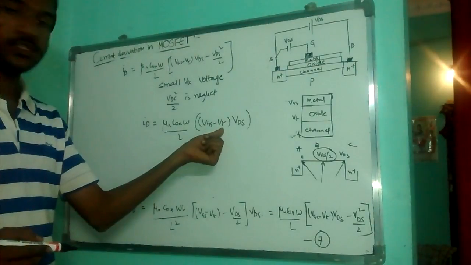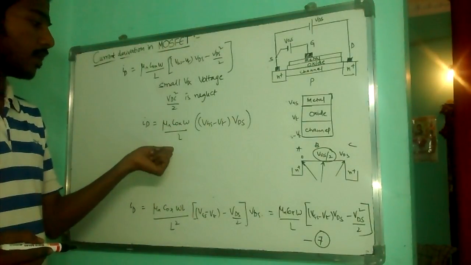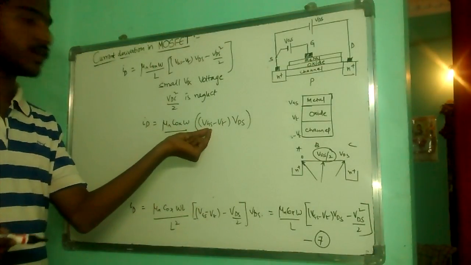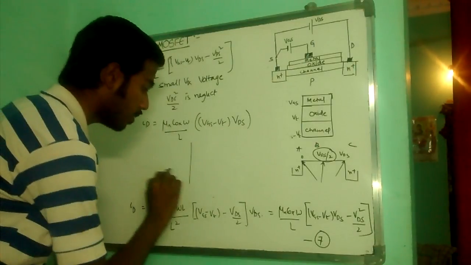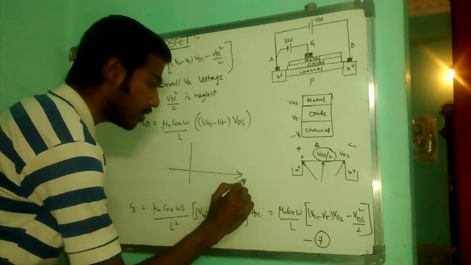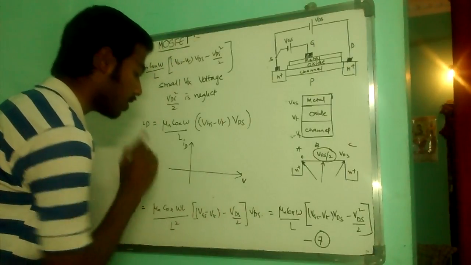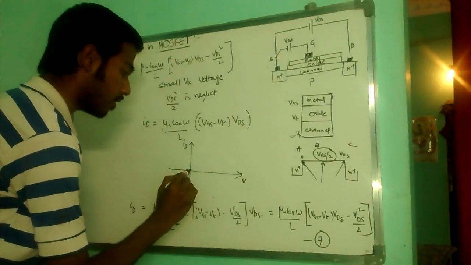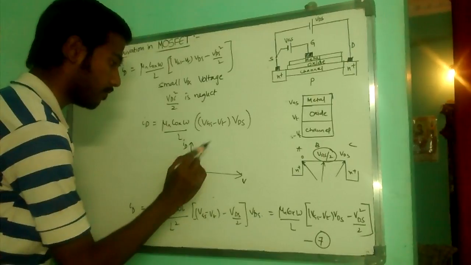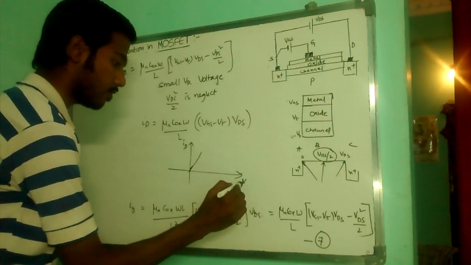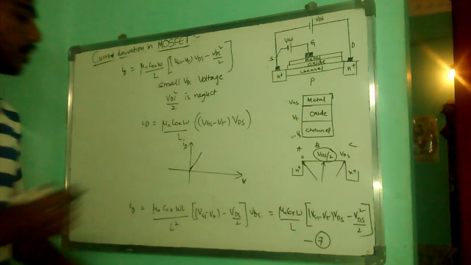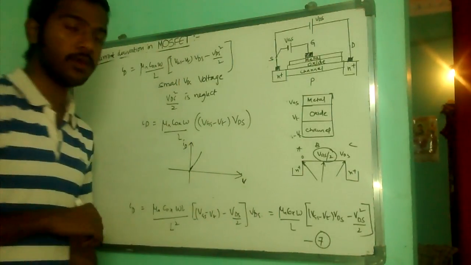As VT is a constant, mu n Cox W by L is a constant, and VGS is fixed, the only thing changing is VDS. So the graph between ID and VDS will be linear.